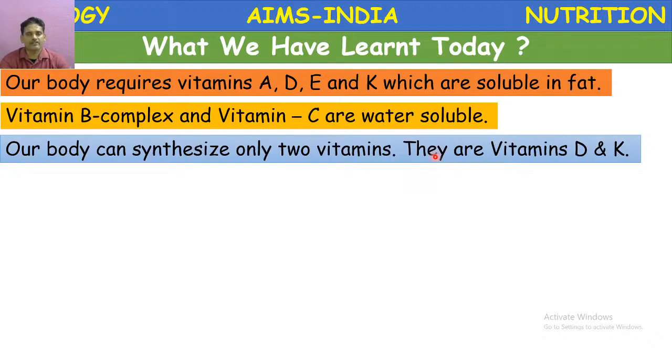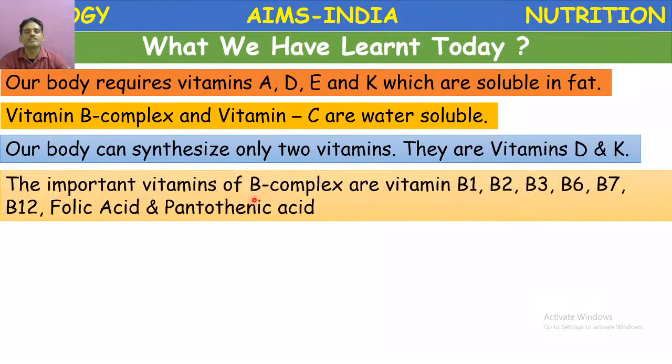Escherichia coli bacteria present in our intestine will synthesize some of the vitamins. That's the reason why doctors suggest not to consume more antibiotics. If you consume more antibiotics, what happens? Those useful bacteria are also killed, which will lead to vitamin deficiency and digestion problems.